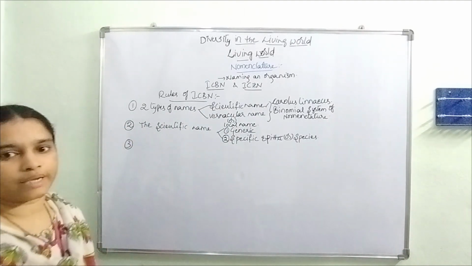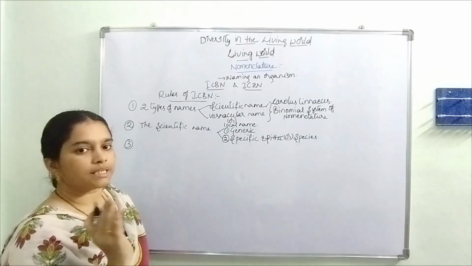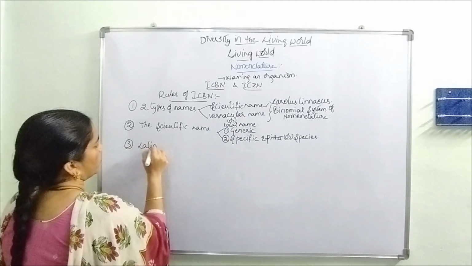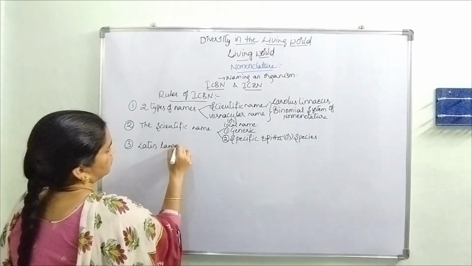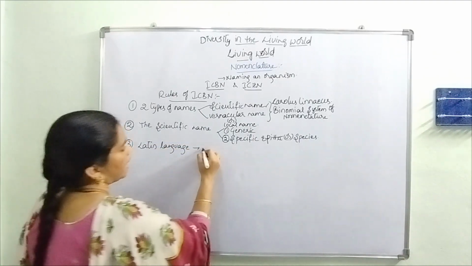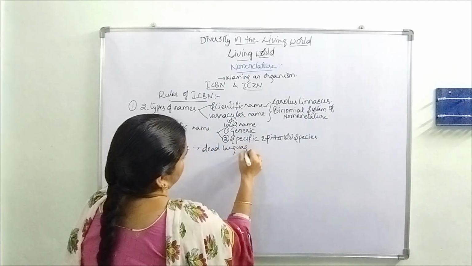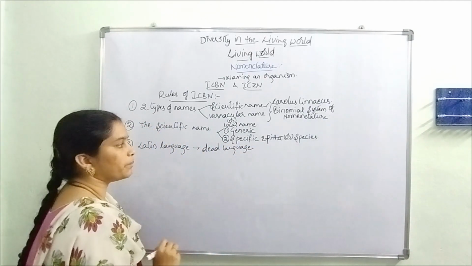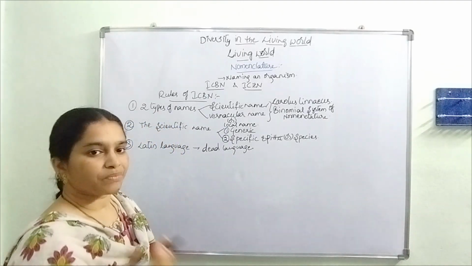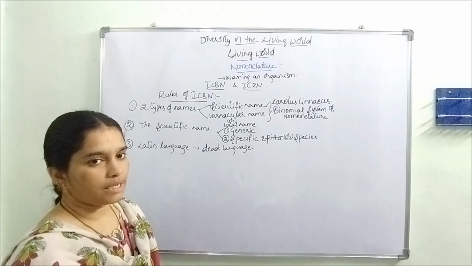The third rule is the language in which the name is given, which is the Latin language. And this language is considered a dead language, because hundreds of years ago this language was used, but it is not in use now.